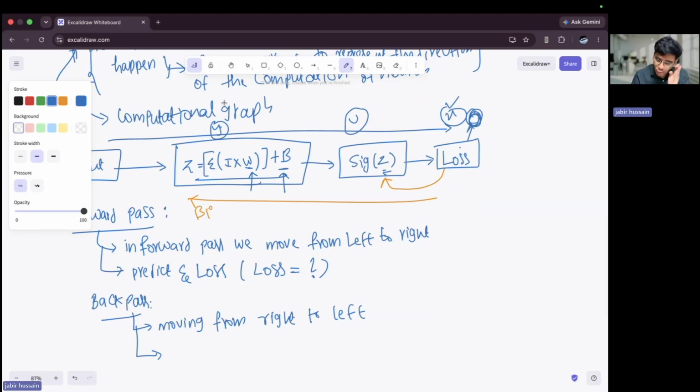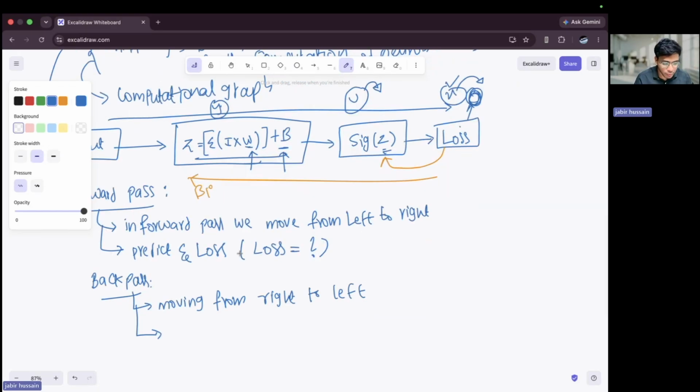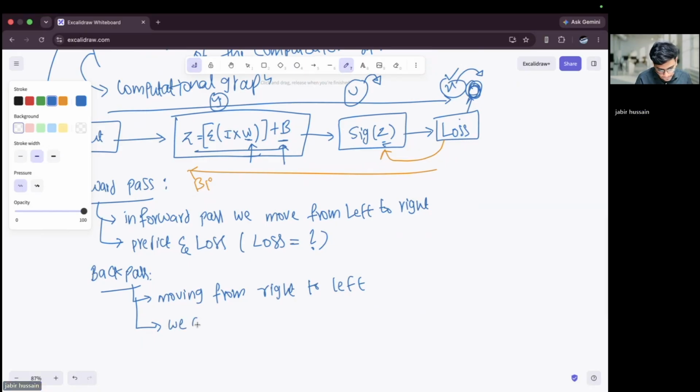What I can tell right now is how u, which is our input, is directly impacting our output. And this is our derivative. So backward pass is nothing but a derivative. We calculate local derivatives.